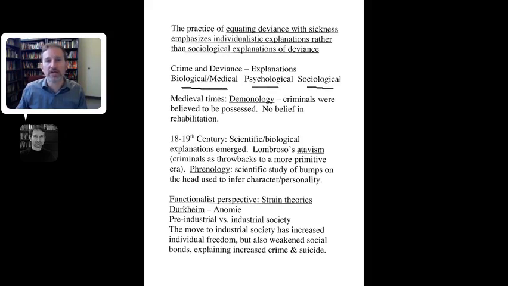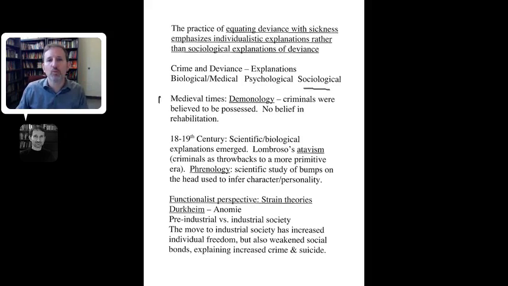So biological medical would include things like, for example, somebody having imbalance in their brain chemistry, or a tumor which impedes certain inhibitor of violent behavior in their brain. Psychological might be related to parental discipline and emotional issues raised in childhood that might explain crime and deviance. And there are also sociological explanations, which we will talk about in a minute.